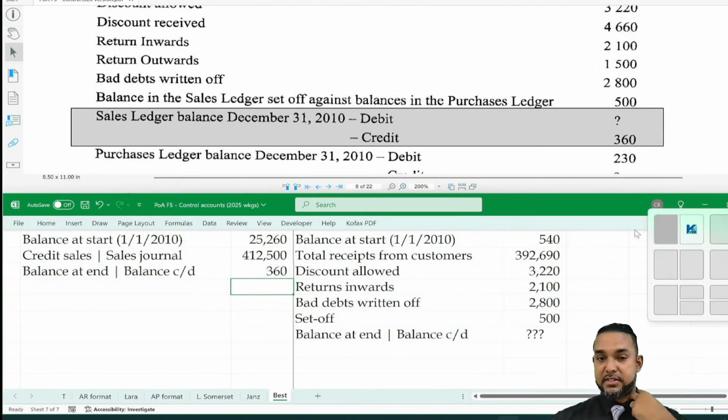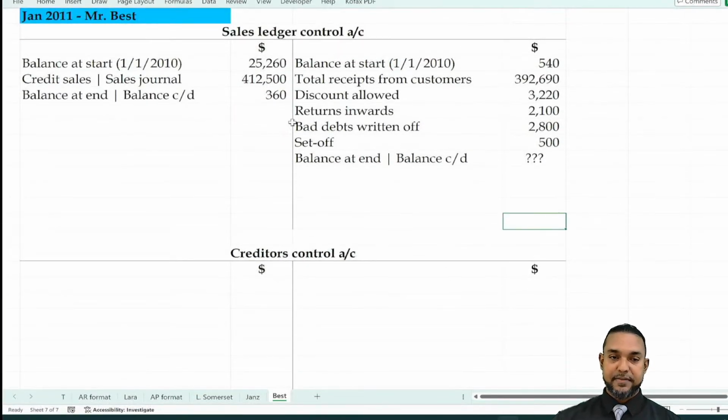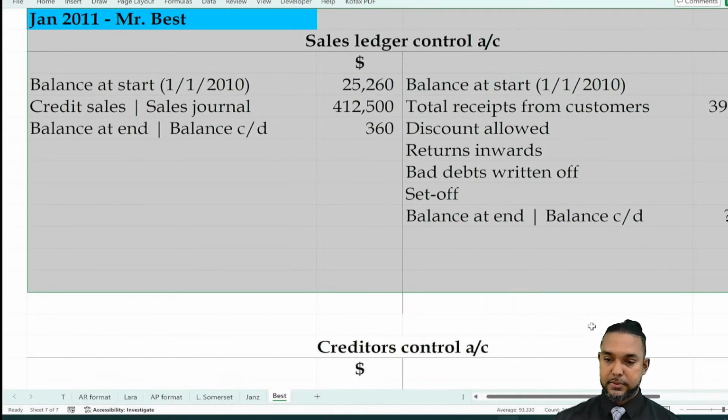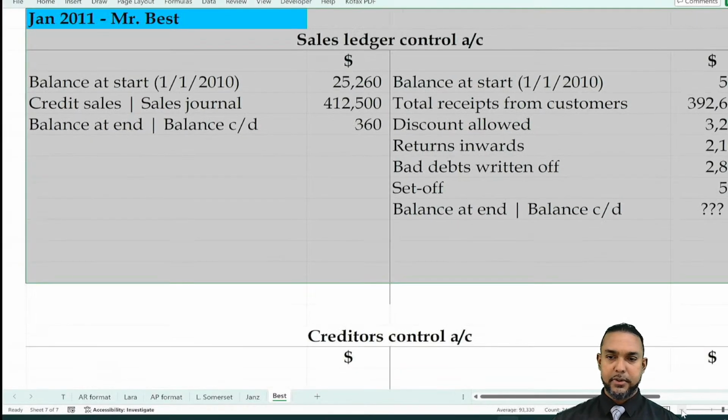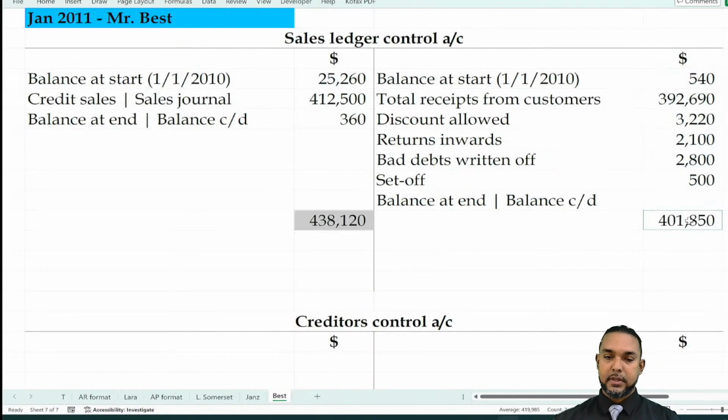Let's open this up a little bit more so we have an easier time. Now, to balance off the accounts, we simply add up both sides and find the difference. Right away we can see the debit side total is 438,000 and change, and this side is only 401,000.